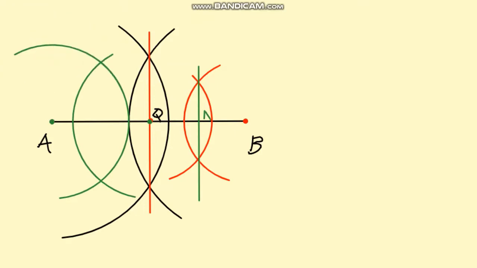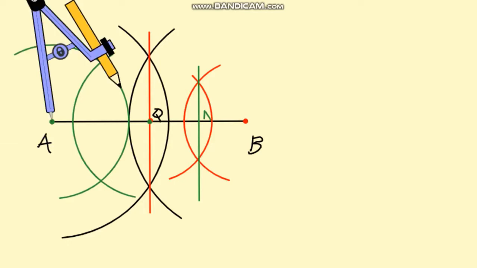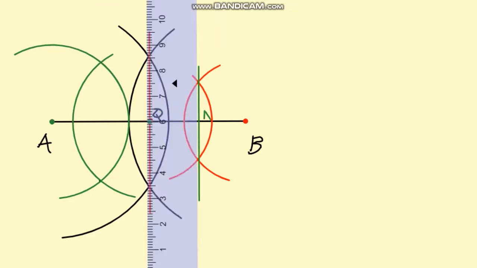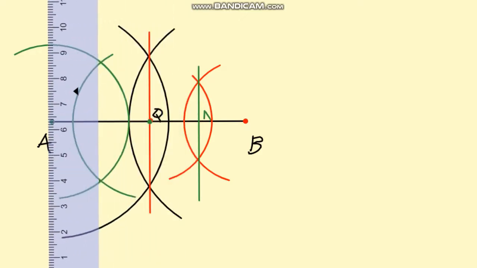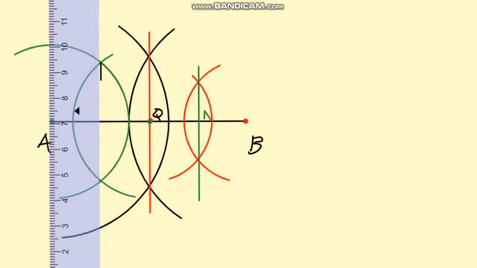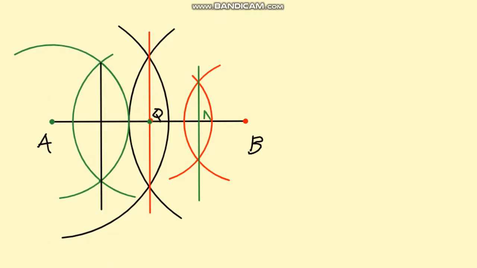Now again we have got 2 points, 1 point above and 1 point below. So we will mark these points and join them. When we join them, we will get a line like this. Now children, you can see that we have got all the 3 points.